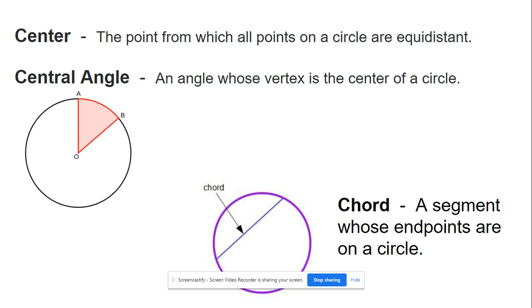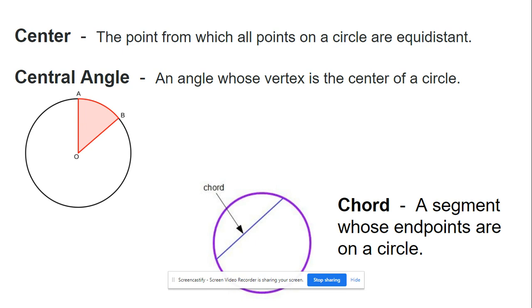So center, for example, this circle on the left here with the red, the center would be called O. So if I asked you to find me the center, you'd say, sorry, not 0, O is the center. Okay. The central angle is an angle whose vertex is the center of a circle. So a central angle has to connect to that center point, and then it just arches out to the edge of that circle.